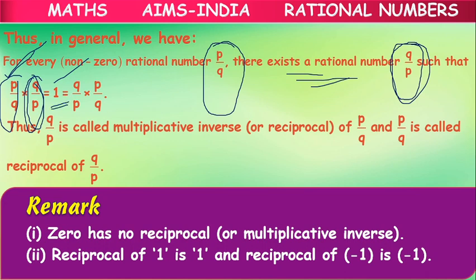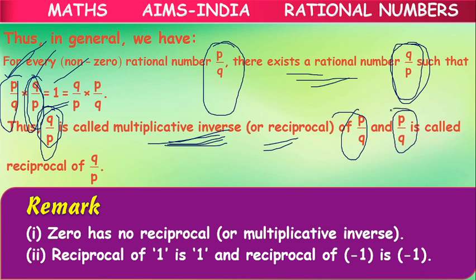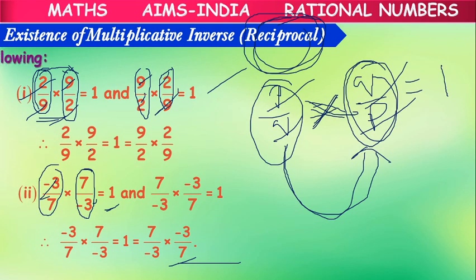So this reciprocal Q by P is called multiplicative inverse or reciprocal. Q by P is called reciprocal of P by Q, or P by Q is called reciprocal of Q by P. So it is called multiplicative inverse.